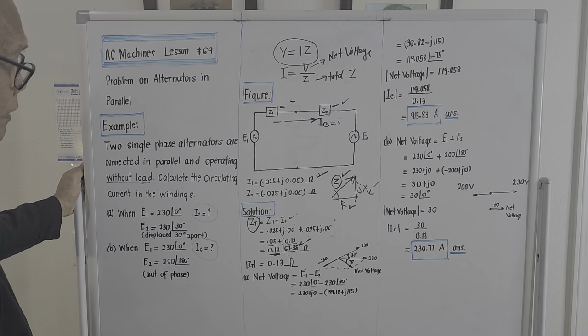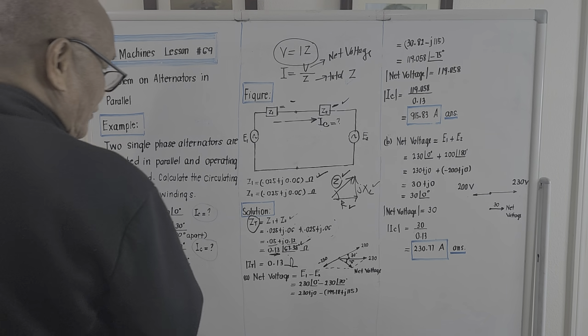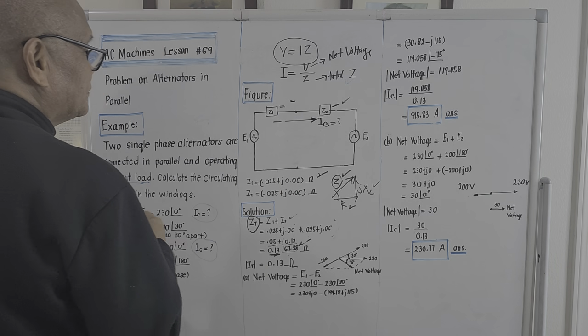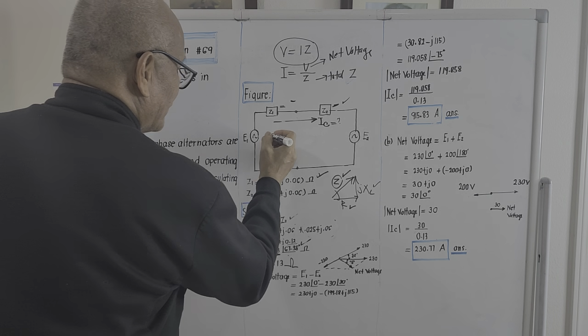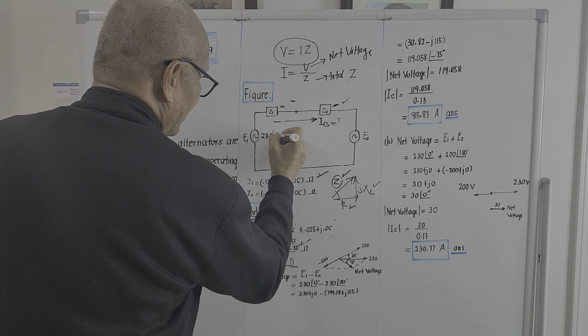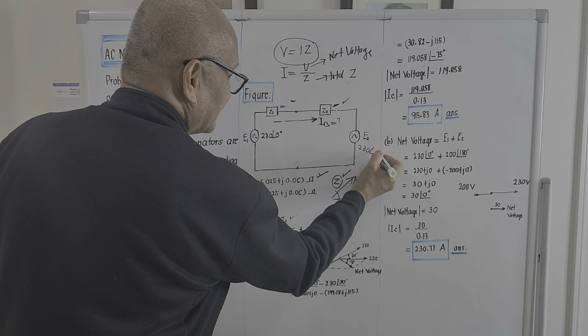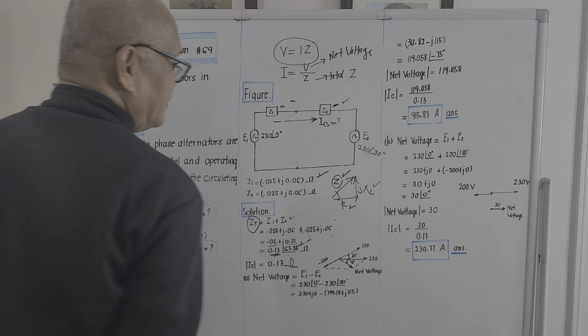Okay. What will be the net voltage on the circuit? The net voltage on the circuit, this is 230 angle 0 degrees, and this is 230 angle 30 degrees. Okay.